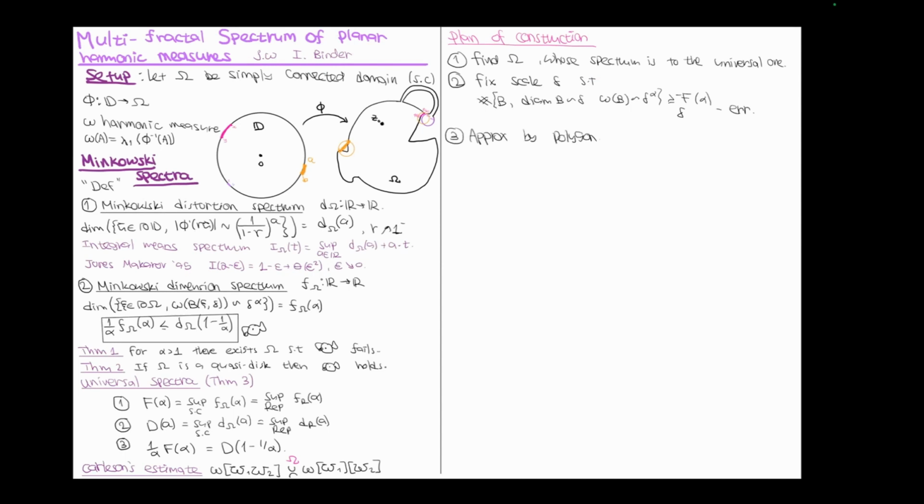Now, as I mentioned earlier, when you approximate a specific scale, nobody promises that the behavior that you get in that scale is going to propagate into smaller scales. However, if you use Carlson estimate, it guarantees that the spectra is preserved.